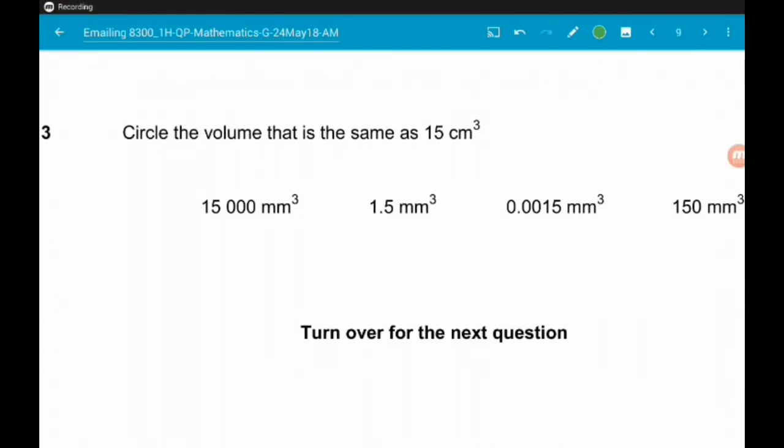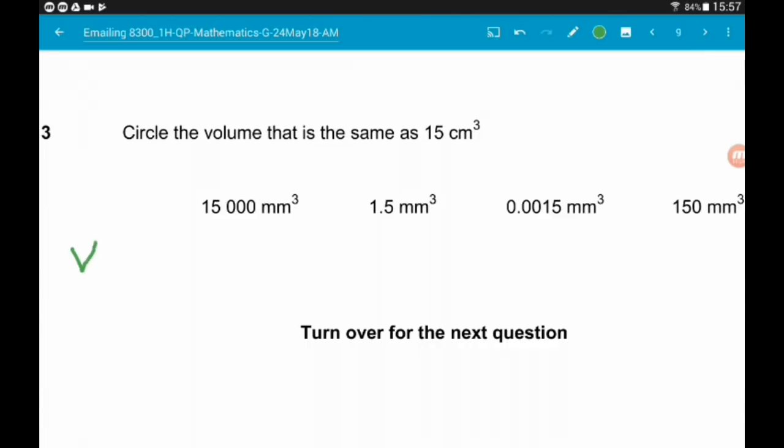Okay, number 13 wants us to circle the volume that is the same as 15 centimeters cubed. Now everything here is in millimeters cubed, so what I like to do with these is think of a cuboid that would have a volume of 15 centimeters cubed.